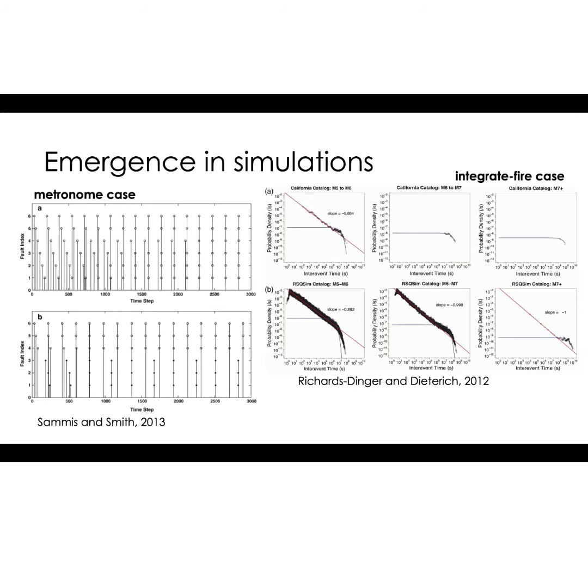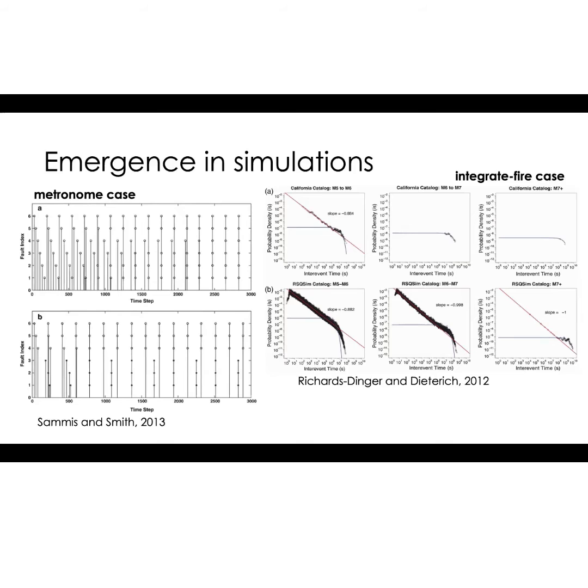So for those of you who don't know, which is probably exactly none of you, the RSQSim catalog is a 20,000 year simulated earthquake catalog for California using the California community fault model embedded in a homogeneous elastic space.